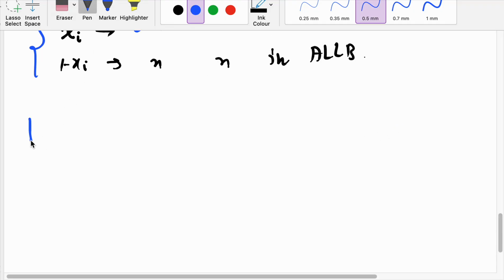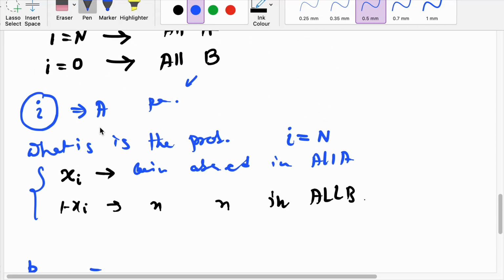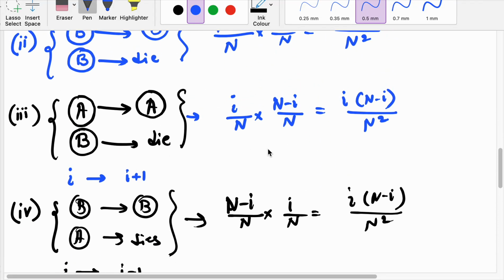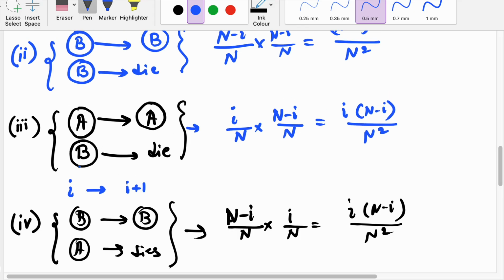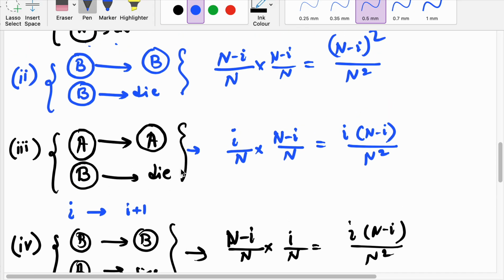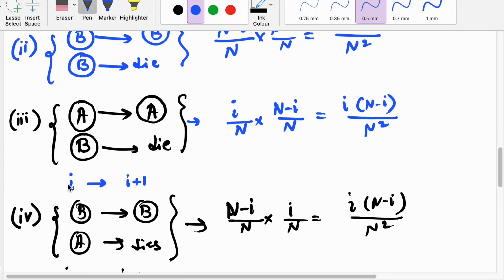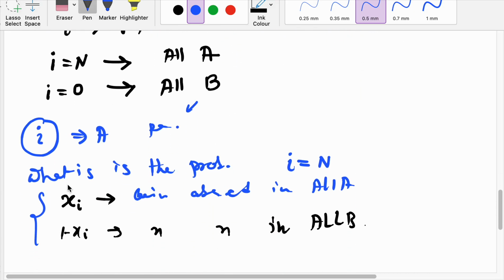So first calculate the probability that if the population is in the state i, it will go to the i plus 1 state. Individuals are increasing by one, going from i to i plus 1 state.